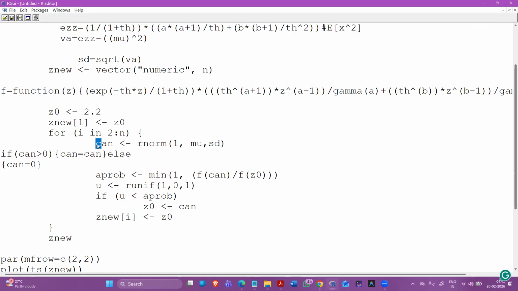Here I will get one random value. That random value I'm going to put here instead of z in my density, divided by my initial guess, 2.2, in my density here. I will get the ratio. Yes or no?